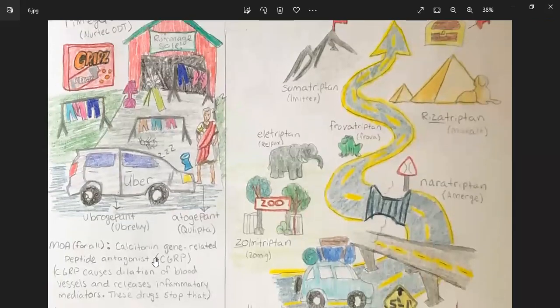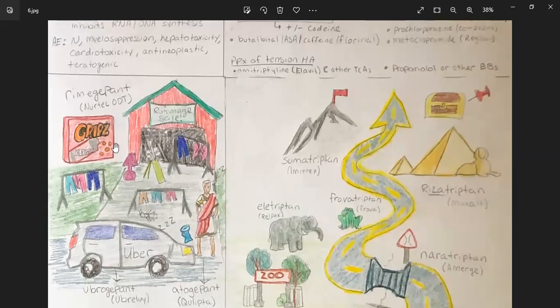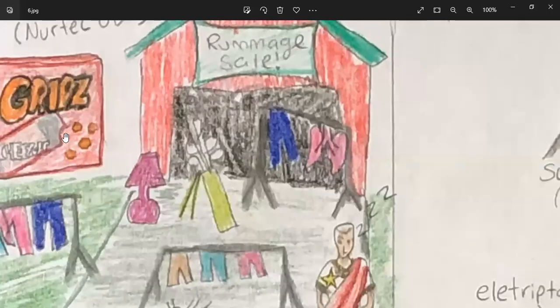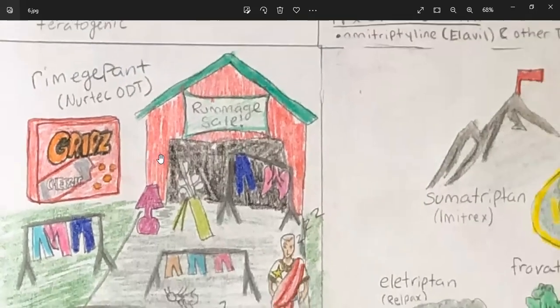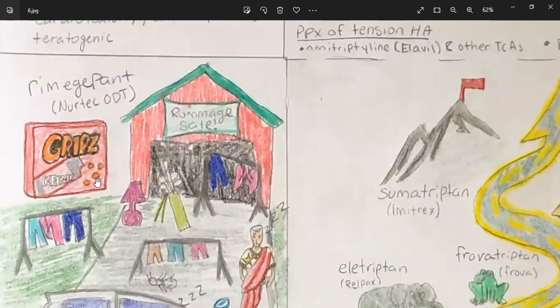The MOA for all of these is that it is a calcitonin gene-related peptide antagonist, which is abbreviated as CGRP. That is shown in this picture by this box of Cheez-It grips. I don't know if you guys remember these, but they were a popular snack a couple years ago.